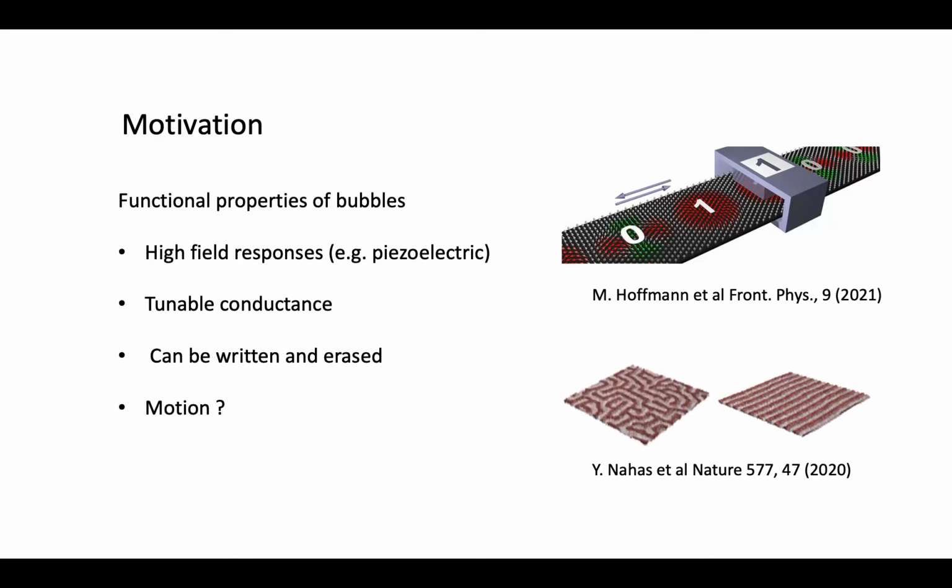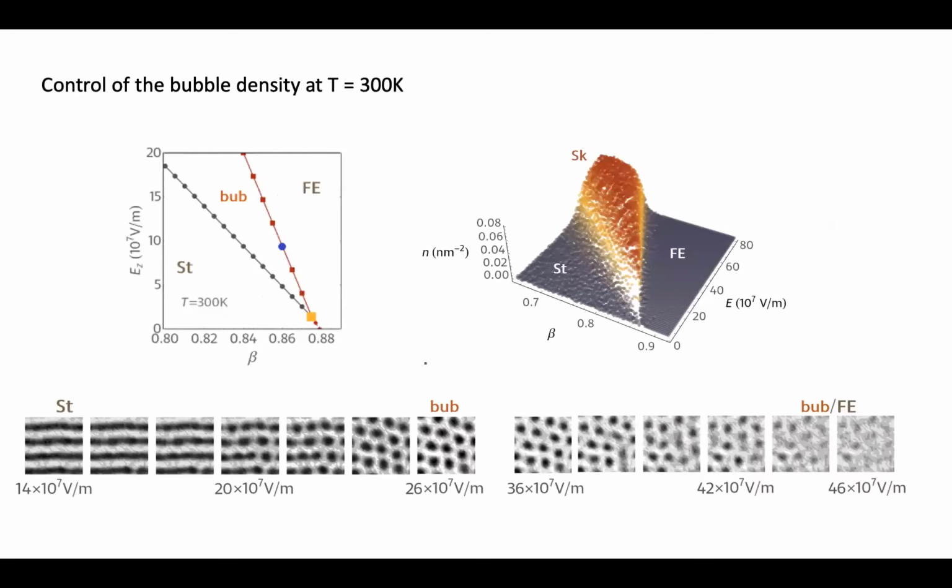But also, there's this link to the nanostripes and labyrinths, and as we saw previously, those also exhibit dynamics. So supposedly, bubbles should move as well. Now, we would like to explore this idea at room temperature.